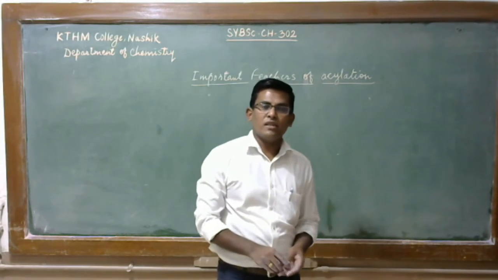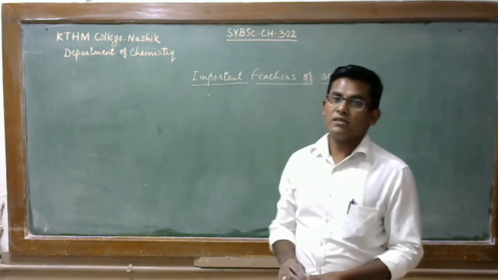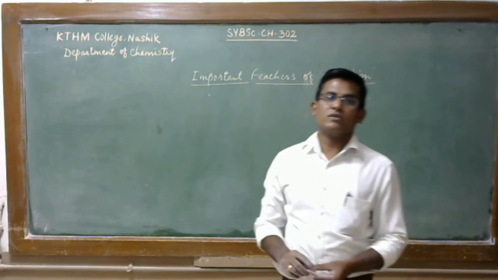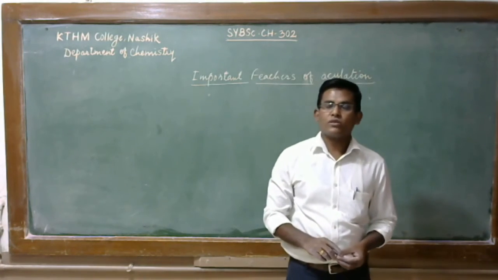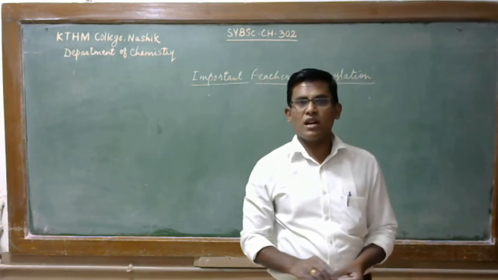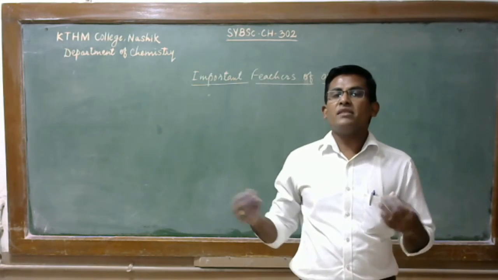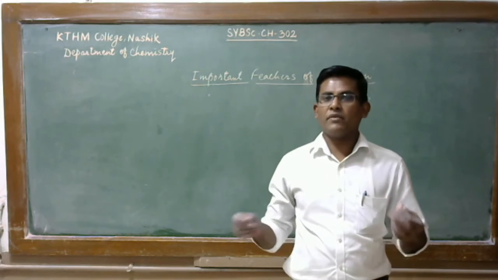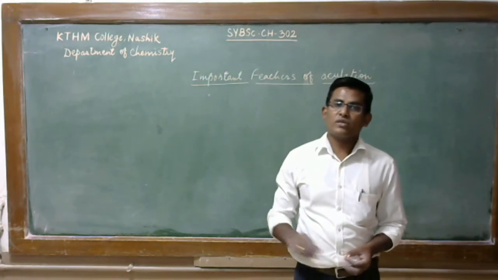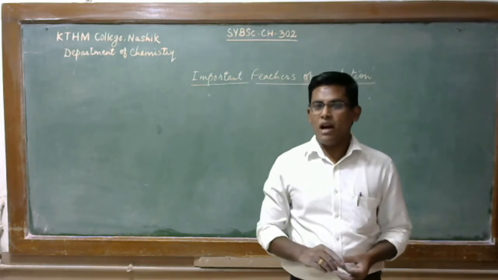As we have seen in the Friedel-Crafts alkylation, we can introduce the alkyl group. When you introduce the alkyl group, the benzene ring will get activated, so a second alkylation will occur.